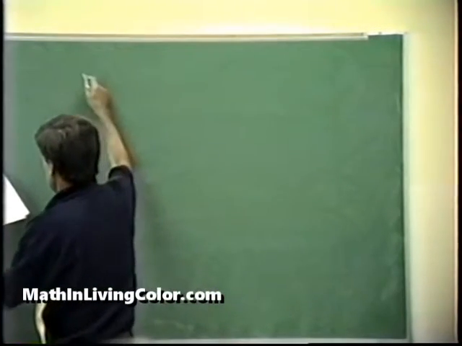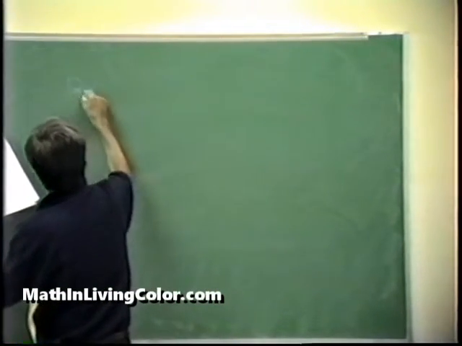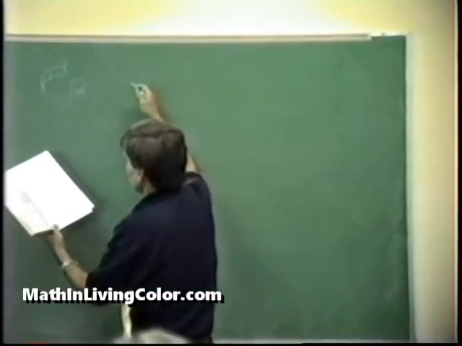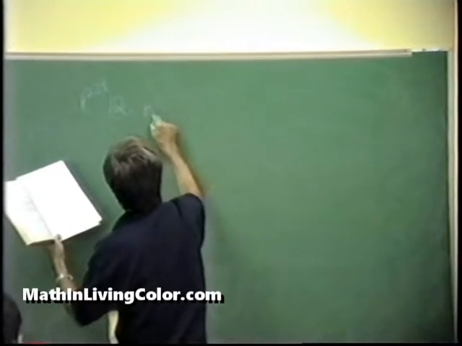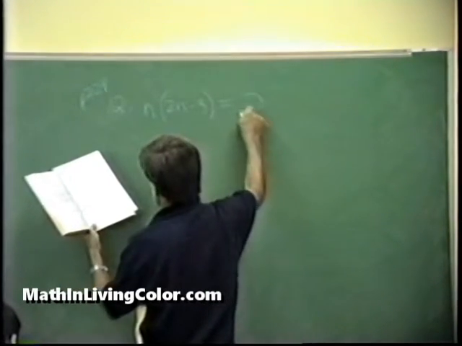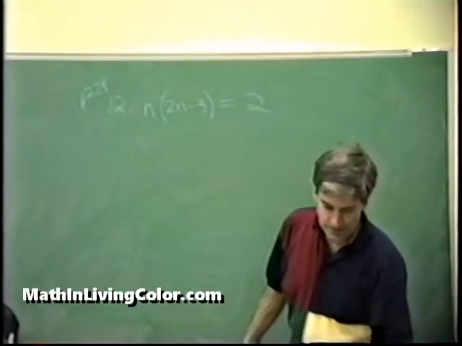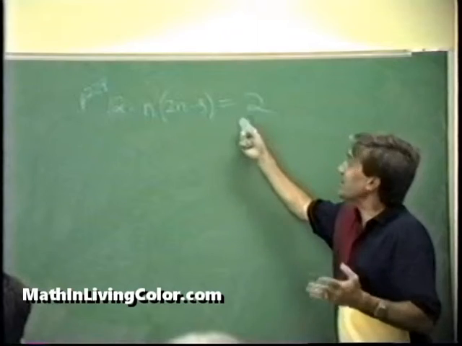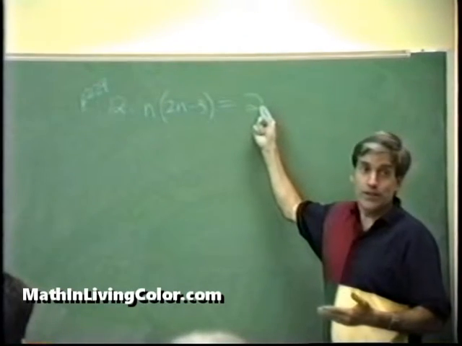The problem I'm choosing is number 12 on page 229 of the Department Adopted textbook. N times 2n minus 3 equals 2. All right? Now there are 2 things wrong with this. The main thing wrong with it is it's not equal to 0, right?